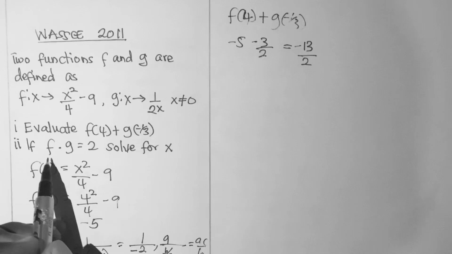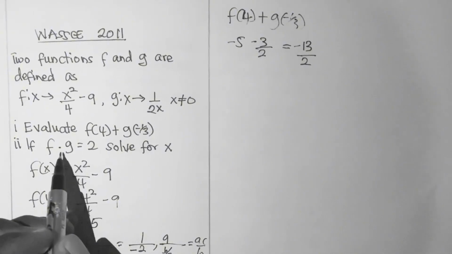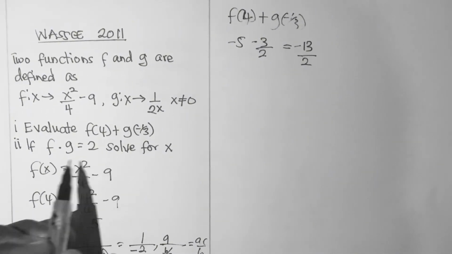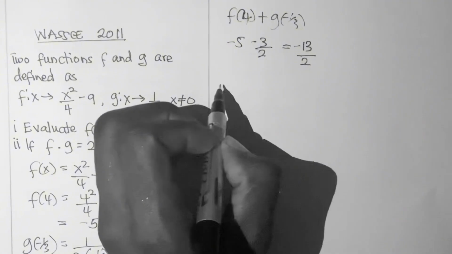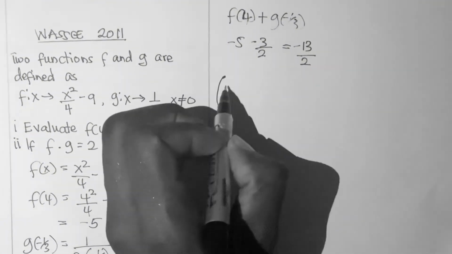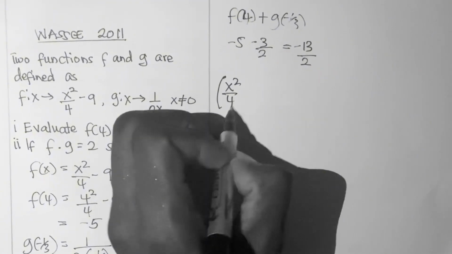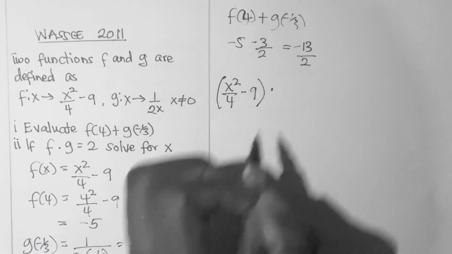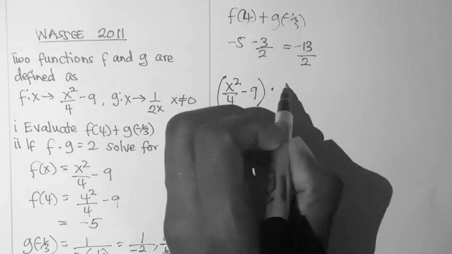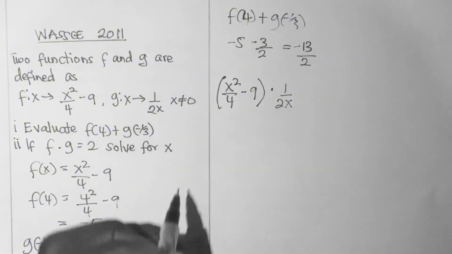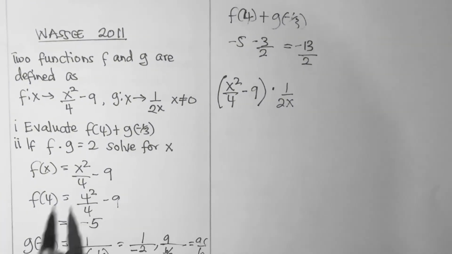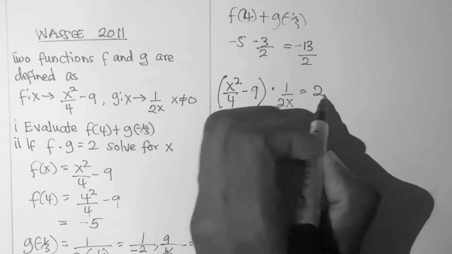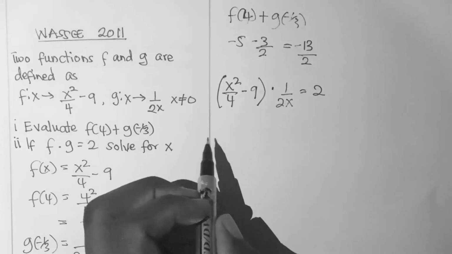The second part is we should find f of x times g of x equals 2. So now, f of x is x squared divided by 4 minus 9. Then we need to multiply by g of x, and g of x is 1 over 2x. And the question says that all of that should be equal to 2. So let's multiply through by 2x.